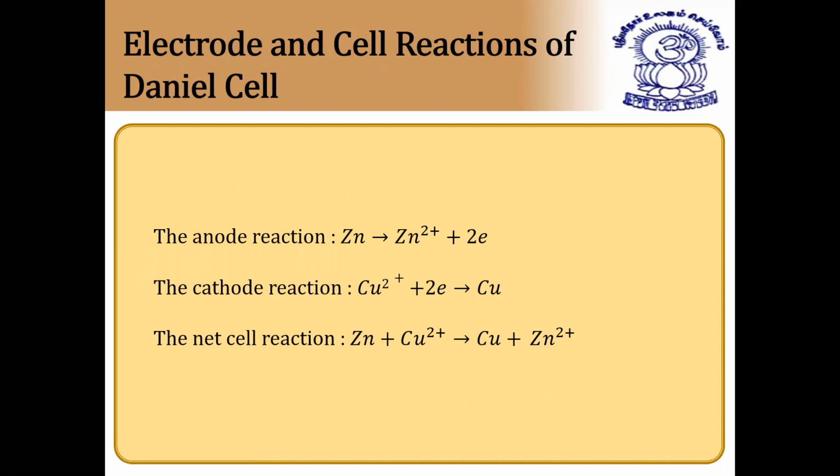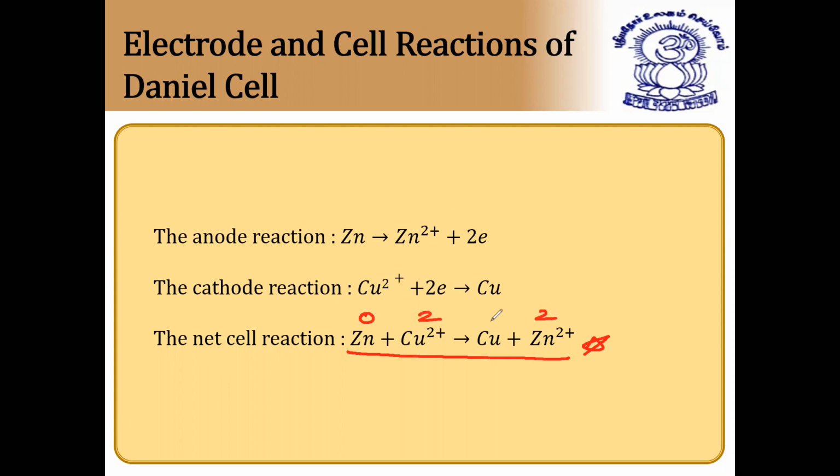By this, what you can understand, zinc is reducing copper ions to copper and itself undergoing oxidation because zinc is changing to zinc ions. So if you see the oxidation state of zinc, it is 0, and here it is plus 2. And copper here it is plus 2, and here it is 0.